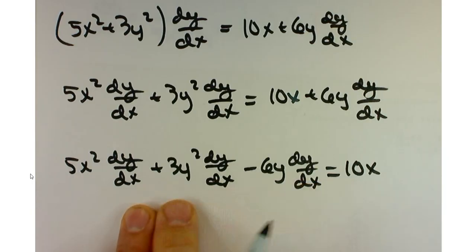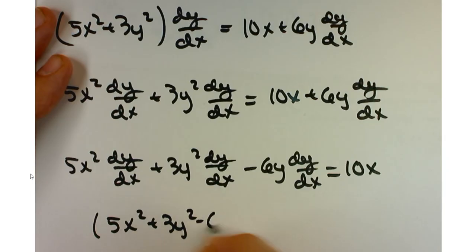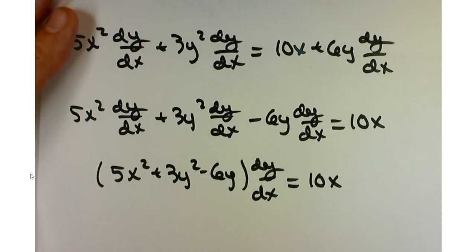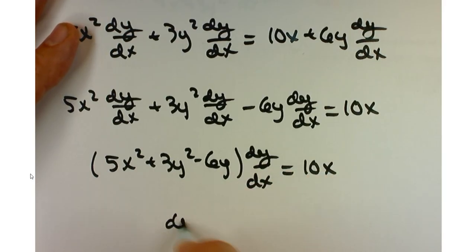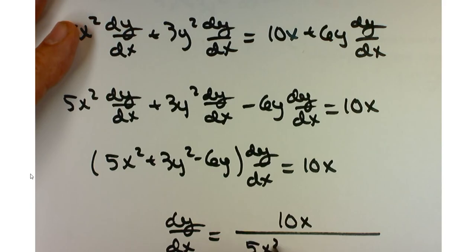Since I've got all the dy by dx's on the left-hand side, I can factor out that dy by dx term. It's going to leave behind 5x squared plus 3y squared minus 6y, times dy by dx, equals 10x. And finally, divide both sides by that factor. That'd be 10x over 5x squared plus 3y squared minus 6y.